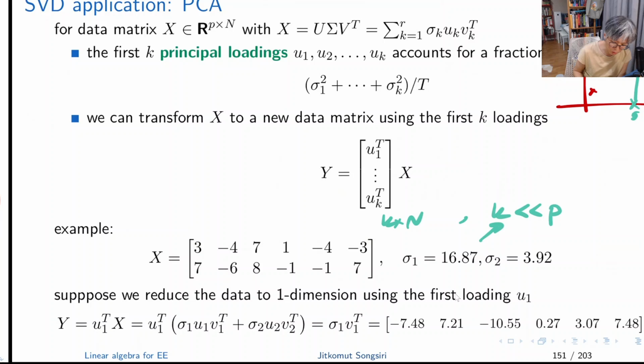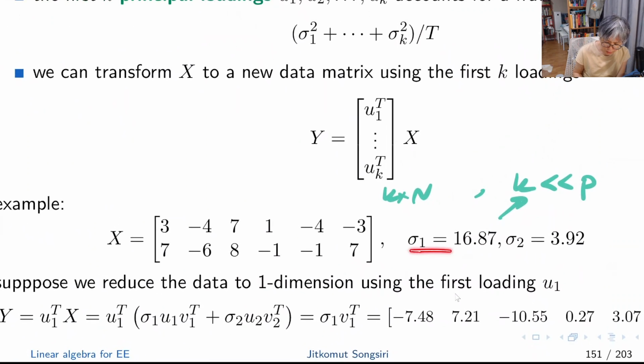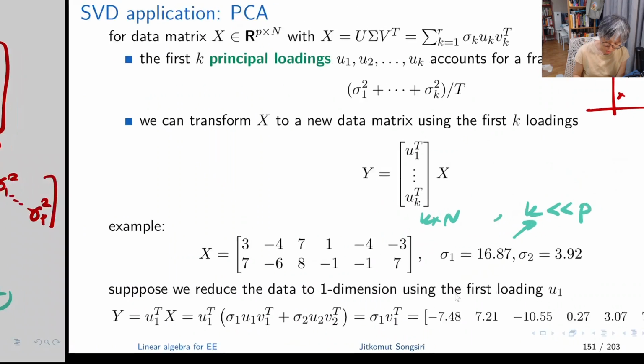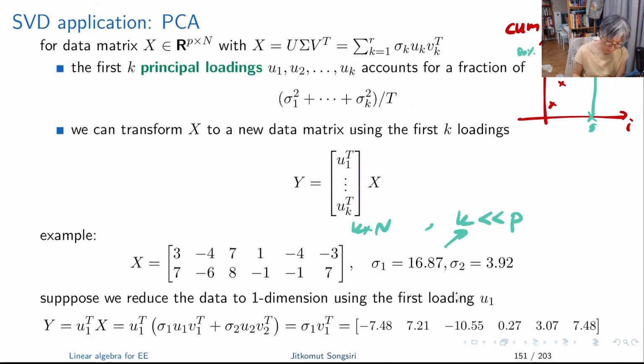They have two singular values in total, 16 and 3.9. In this simple example, I can keep only the first loading because sigma 1 is much higher than sigma 2. If I decide to use only one dimension instead of two, I use only the first loading.